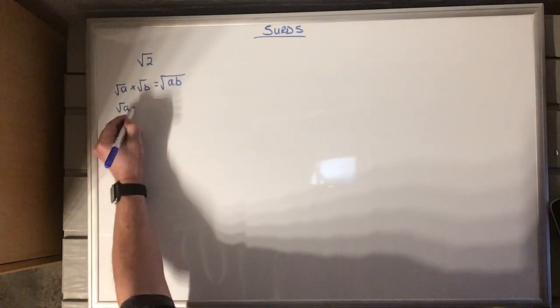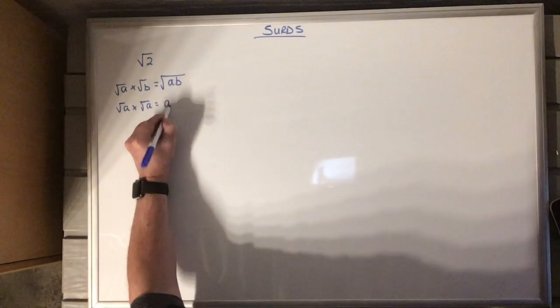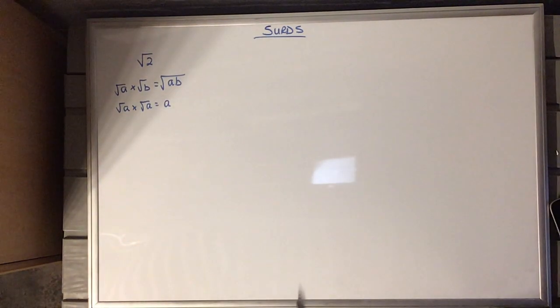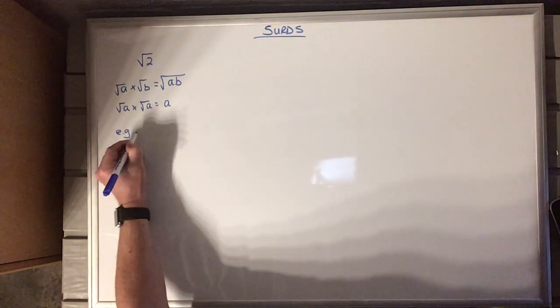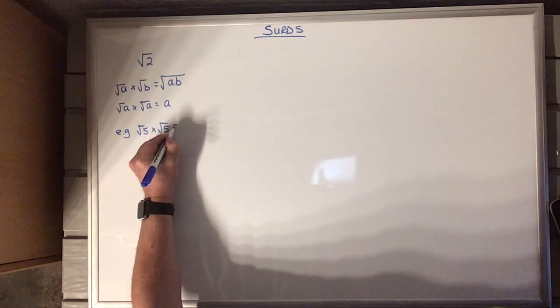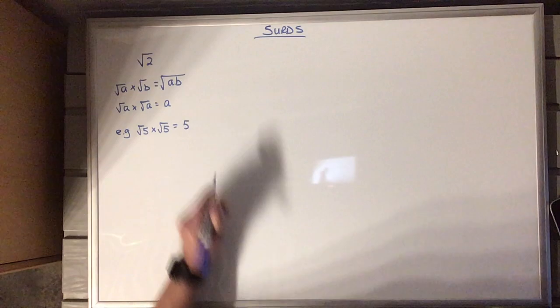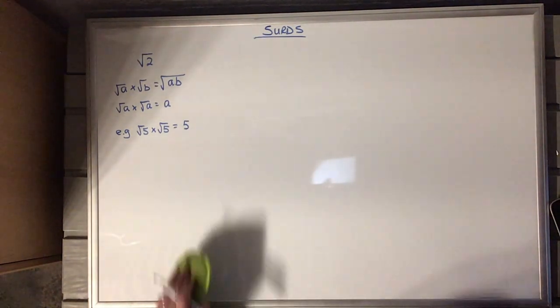Root A times root A is equal to A. And if you don't believe me with that, try it in a calculator. Pick a number for A and put that in your calculator and you'll see that it does equal A. So just a wee example for you. Say root 5 times root 5 is equal to 5. Okay.